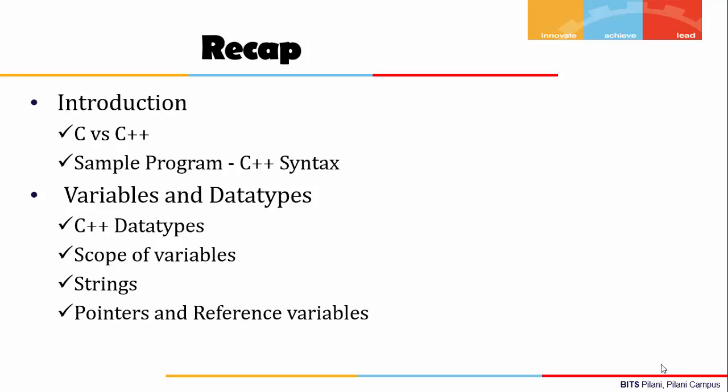We saw one sample program and understood the syntax of C++. Then we discussed the several data types and keywords in C++. The scope of variables is local and global and how they are stored in stack and heap. We had concluded our lecture with an introduction to pointers and how reference variables can also be used in C++.